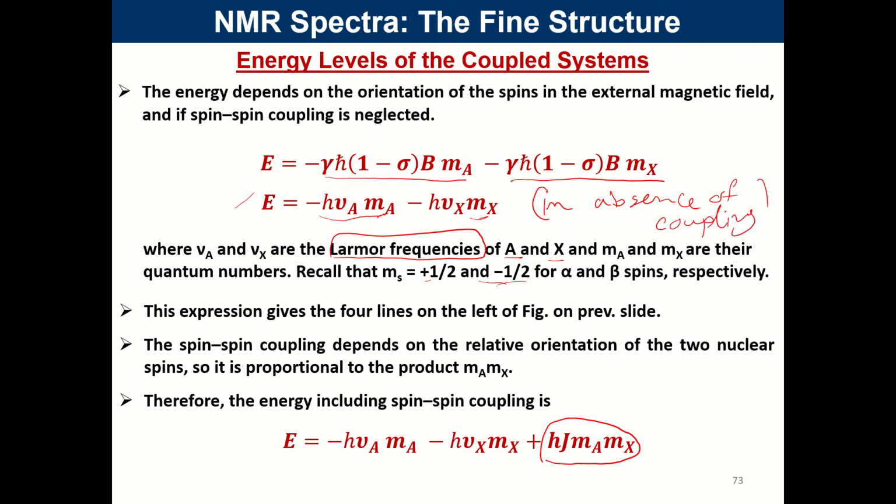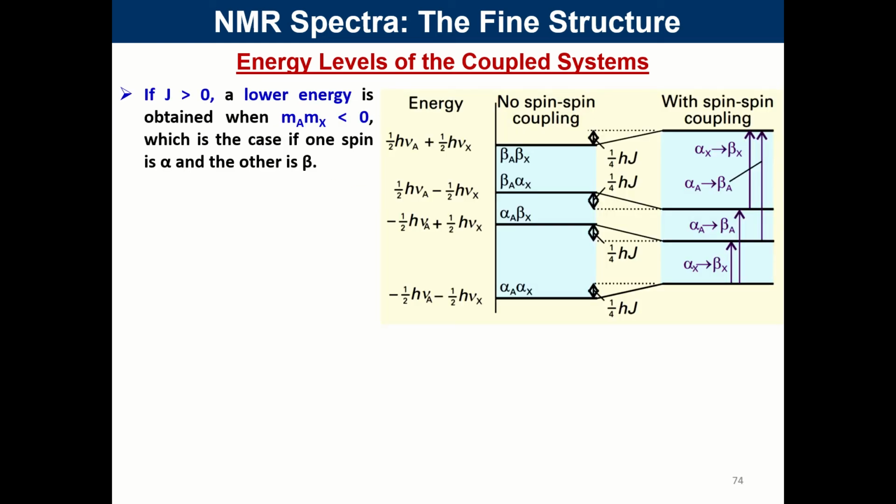And now when the spin coupling constant is taken into account, the energy is changed by this much amount. So now if you substitute the values one by one of A and X, MA and MX, which can be plus half or minus half, you will automatically get that kind of diagram we made shown in the previous picture.